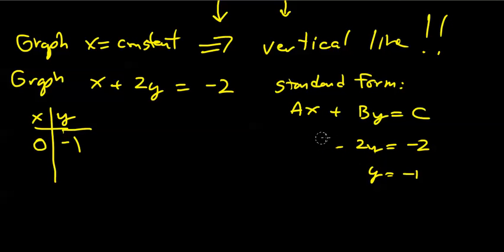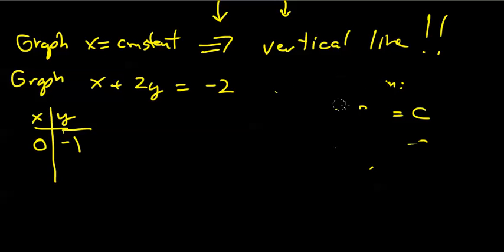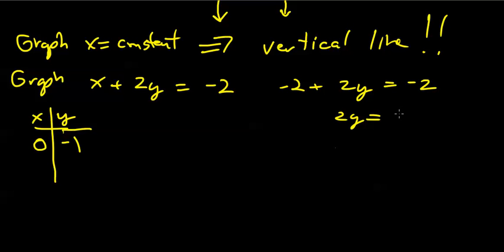Let me erase this work here. I'm going to try x equals -2. I think I see something happening. -2 plus 2y equals -2, so 2y equals 0.